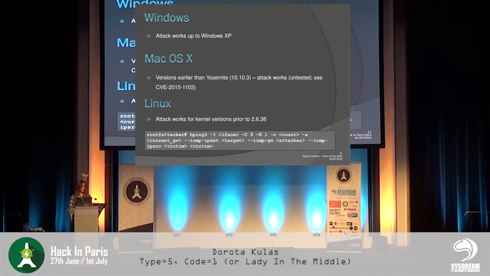So as you can see, it was working up to Windows XP. For macOS, I didn't test this, but I found the article and the CVE here that changed the default configuration of macOS. And right now, if you're running an OS newer than Yosemite, the attack won't work at all, because they just by default disable IP redirects.